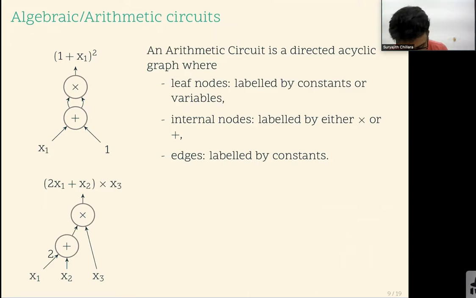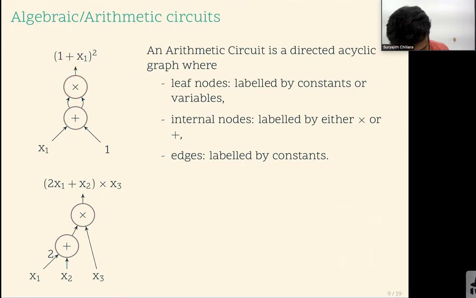And now every node computes a polynomial. So here this leaf node computes a polynomial x1, and this leaf node computes a constant polynomial 1, and these two feed into this addition gate, and this node computes a polynomial which is 1 plus x1, and this 1 plus x1 feeds twice into this multiplication gate and powers it to (1 plus x1) squared.